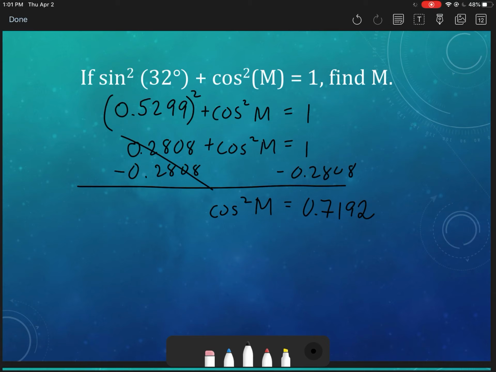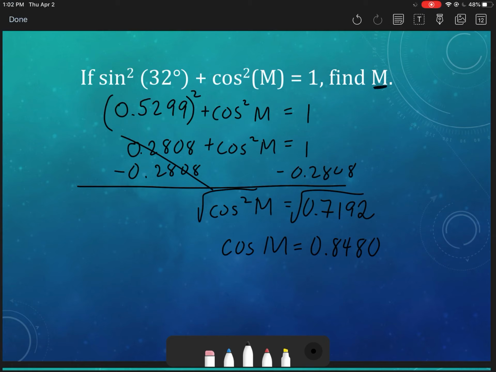Now what we want to do is take the square root of both sides to get the cosine of m. So we're going to take the square root of 0.7192, and that's going to give us 0.8480.